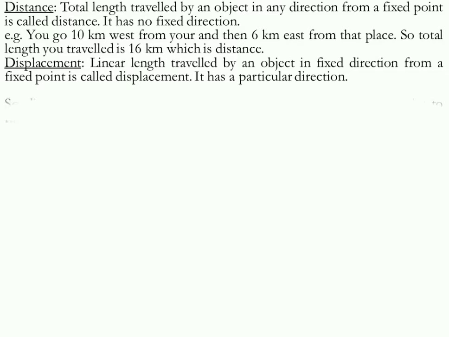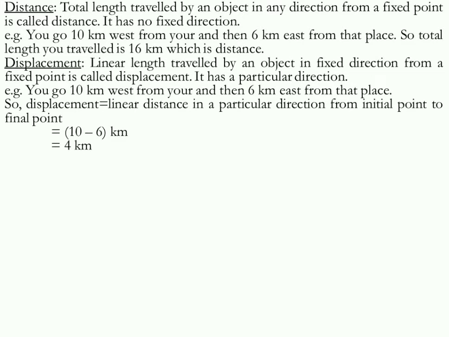Like in the earlier example, 10 km west from your home and then 6 km east from that place. Earlier the distance was 16 km, but here we are counting linear distance. Linear distance means the difference between the final position and the initial position.